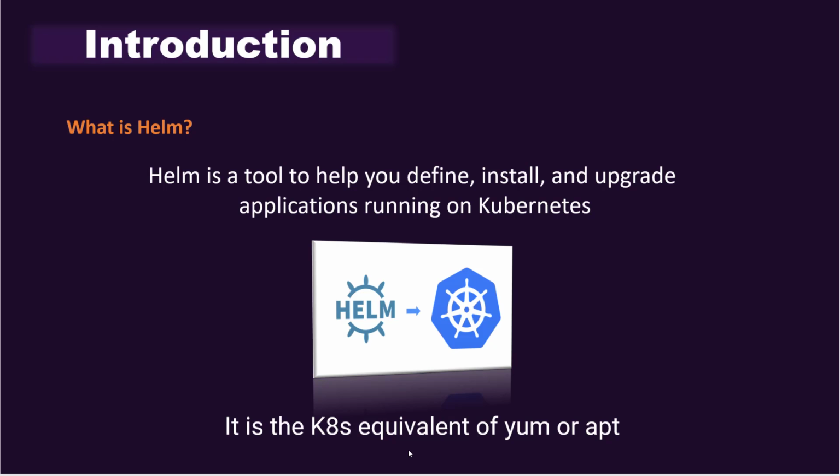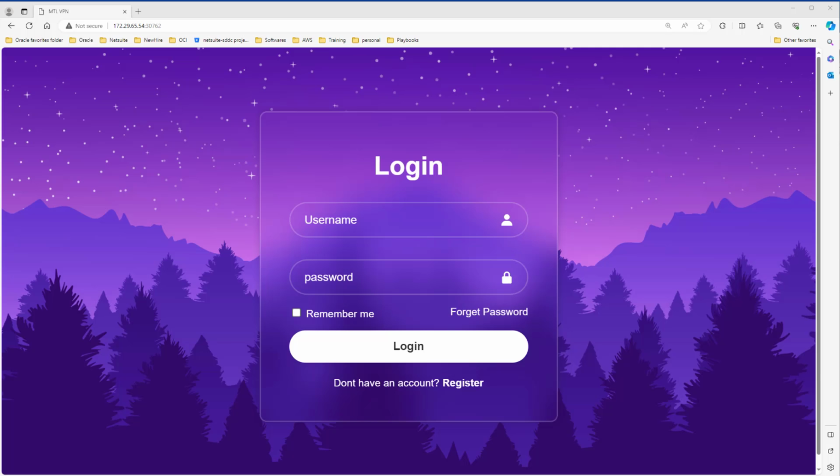It consists of deployments, secrets, services, and so on. Let's go a little deeper and understand how, with the help of Helm, we can deploy our application on Kubernetes.